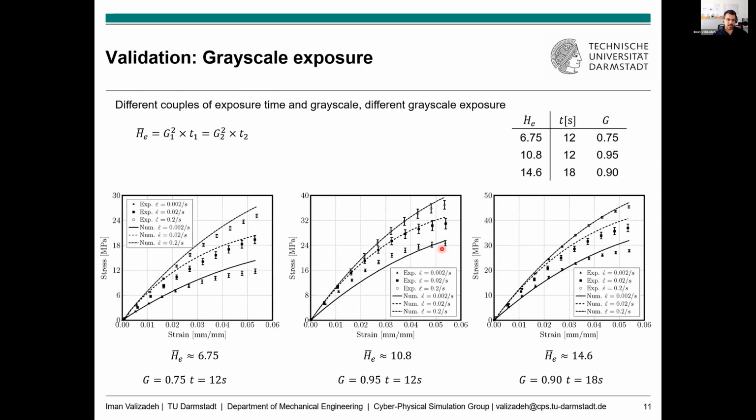In the next slide, we compare the numerical and experimental stress-strain curves for different strain rates and for totally new couples of the process parameters. We use the hyperbolic tangent function to determine the constitutive constants, and we see that there is a good agreement between the numerical and experimental stress-strain curves for different values of the grayscale exposure.